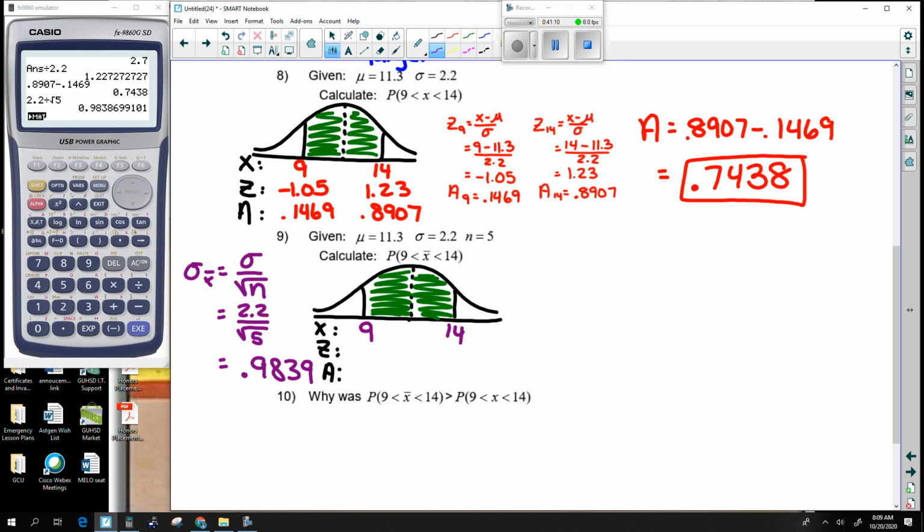Okay, so I have this new standard deviation, then the process is pretty much the same, just with a different standard deviation.